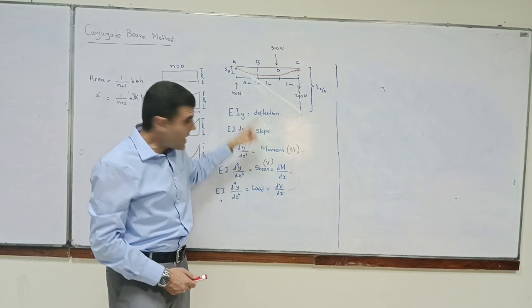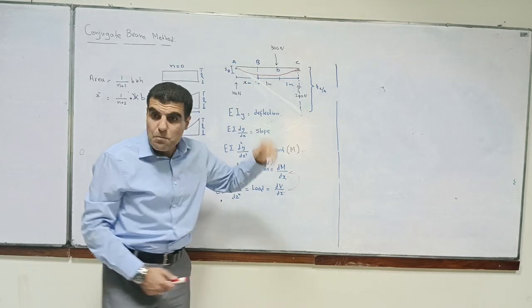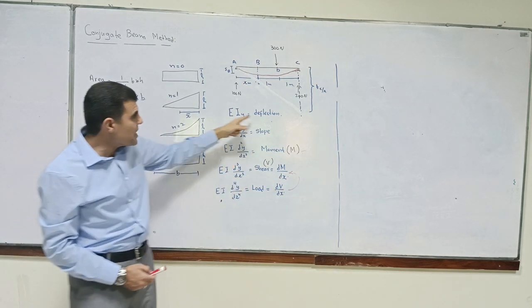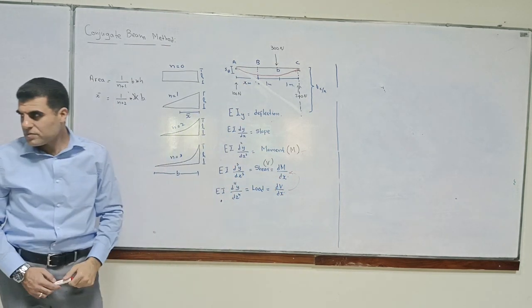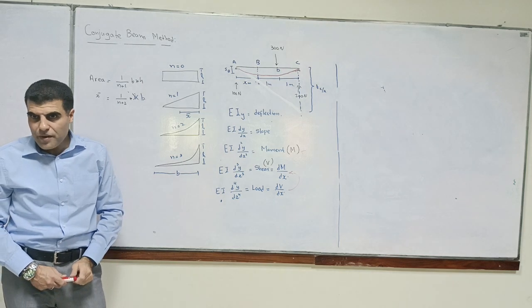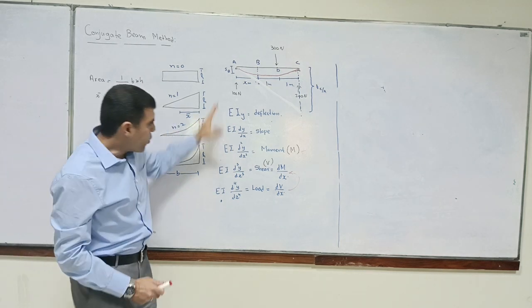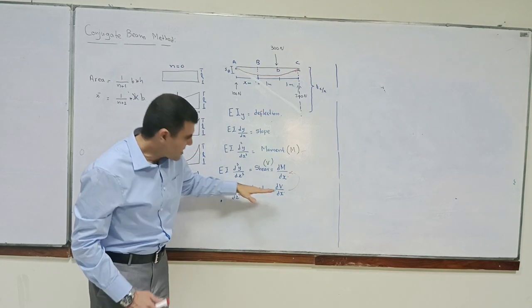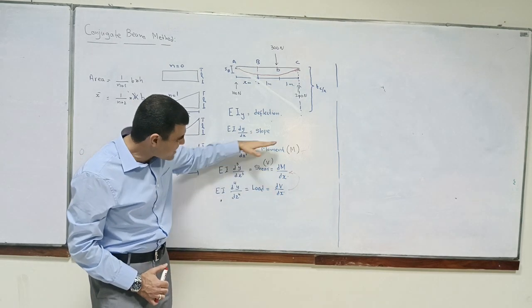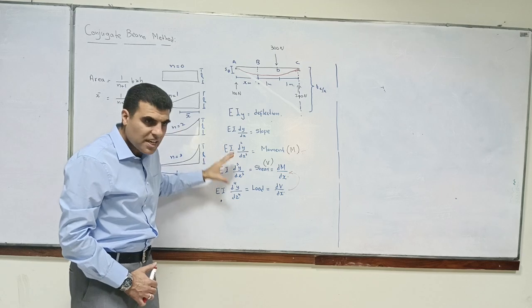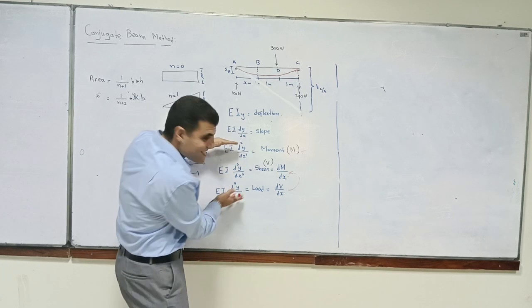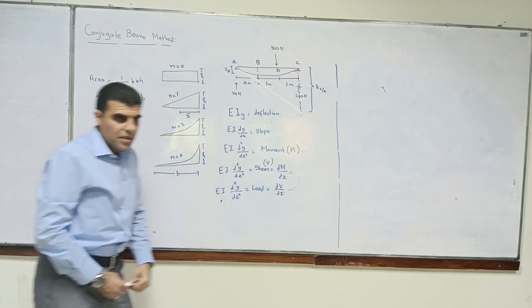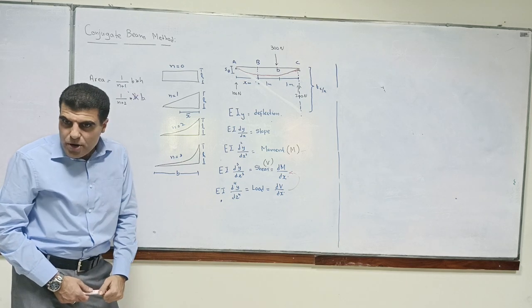And if I find my moment, that will be equal to deflection. Do you understand my point? How can I say that? Because I developed that logic from the connectivity between these three parameters. Yes, sir.